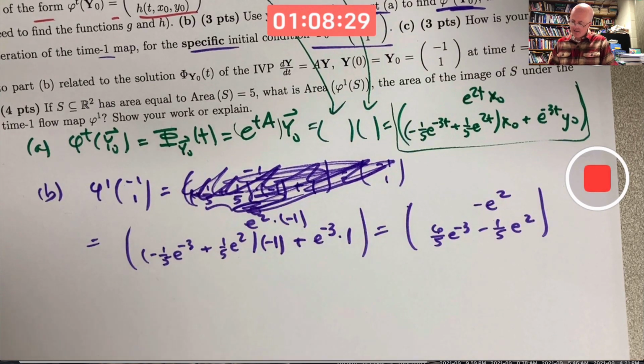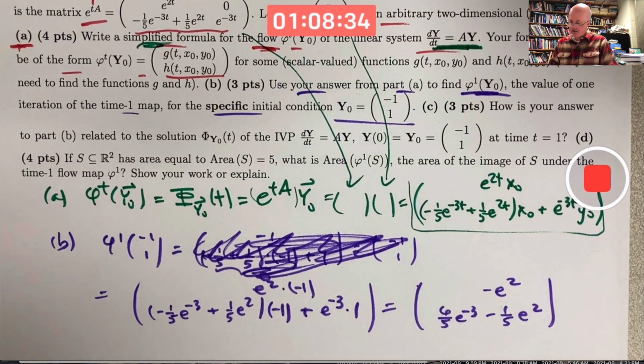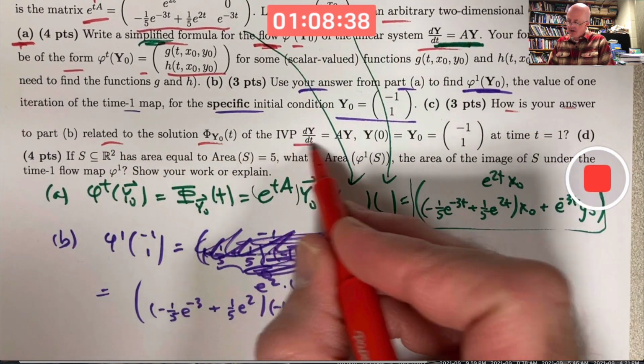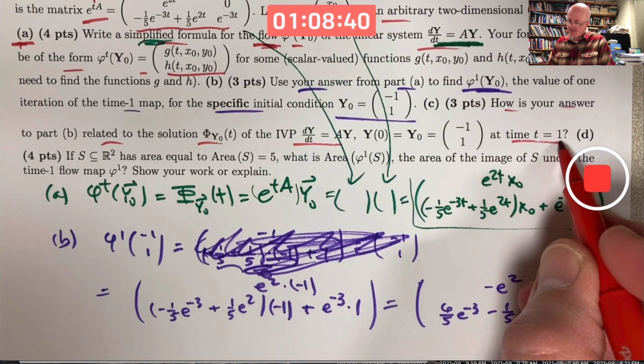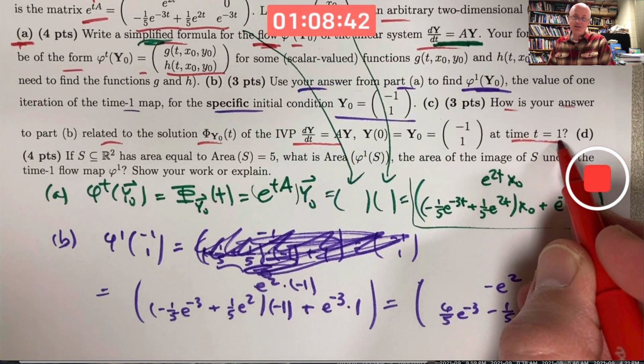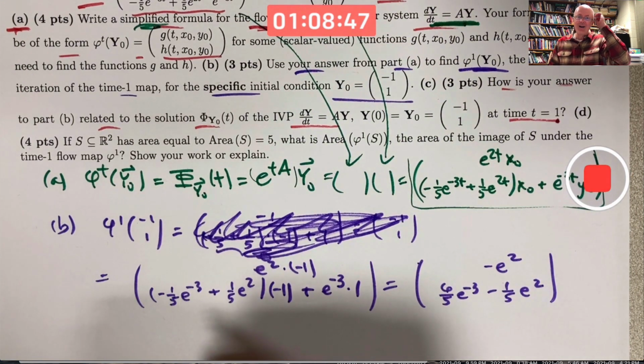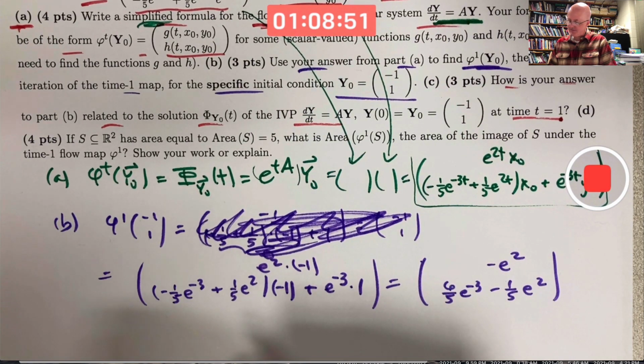Part C also sounds hard, but is also pretty easy. How's your answer related to the solution of the initial value problem at time 1? And this is the relationship between solutions of a difference equation and solutions of the differential equation.